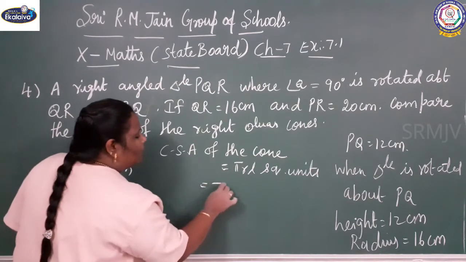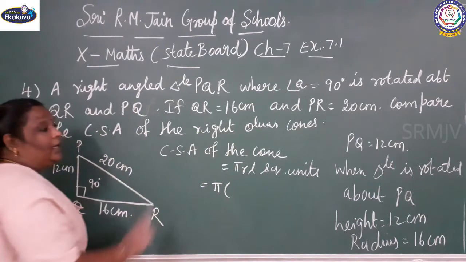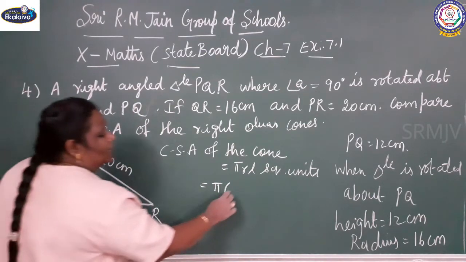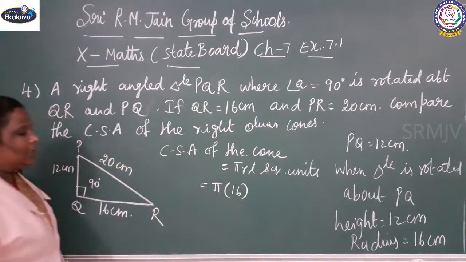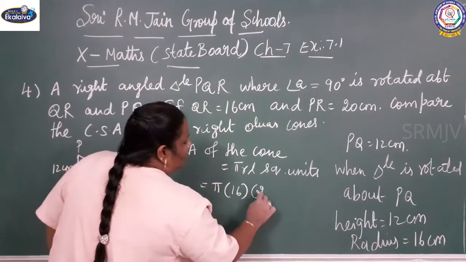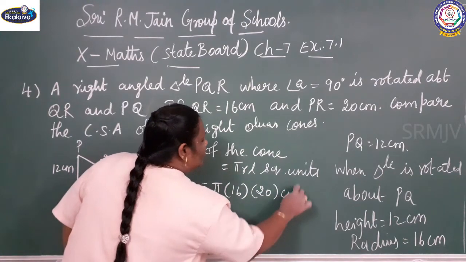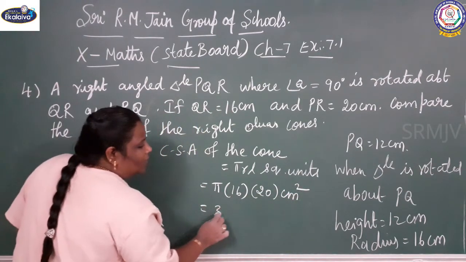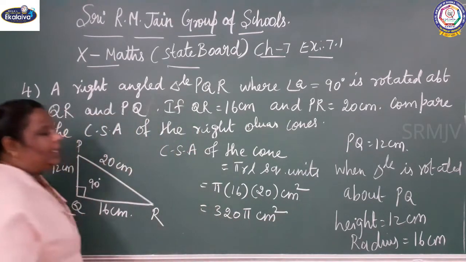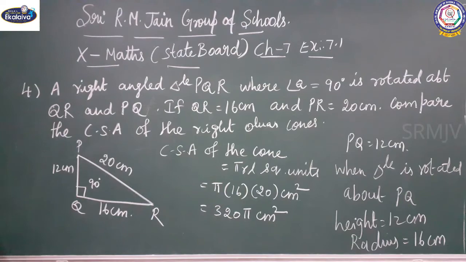It gives pi into the radius when the triangle is rotated about PQ, 16, into the slant height, 20 centimeter square. It gives 320 pi centimeter square.